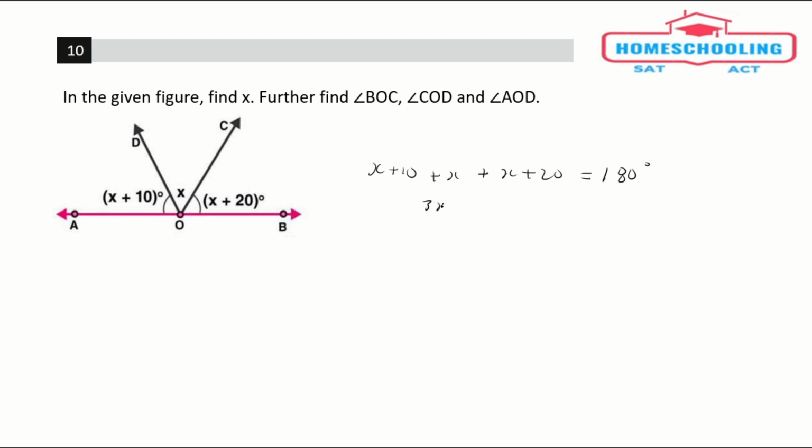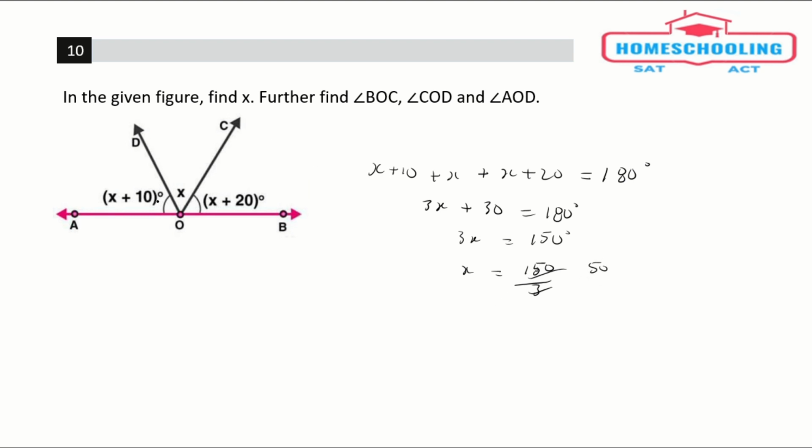So this would be 3x plus 30 is equal to 180 degrees. If we take 30 to that side, 3x would be 180 minus 30, that is 150. Hence x is equal to 150 by 3, that is 50. So the value of x is 50.